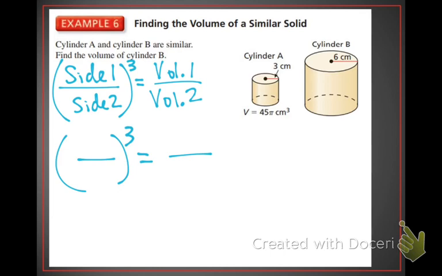What is the side from the first shape that we're given? 3. What's the side from the second? 6. The volume from the first, 45 pi. I want you to pause. Think this through. Do we have the pi button?